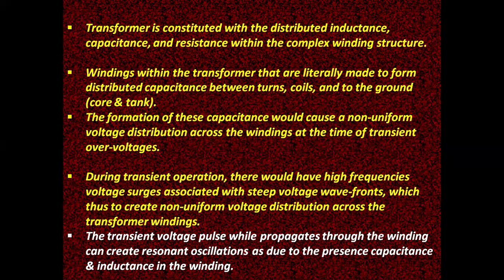During transient operation, there would be high frequency voltage surges associated with steep voltage wavefronts, which create non-uniform voltage distribution across the transformer windings. The transient voltage pulse, while propagating through the winding, can create resonant oscillations due to the presence of capacitance and inductance in the winding.